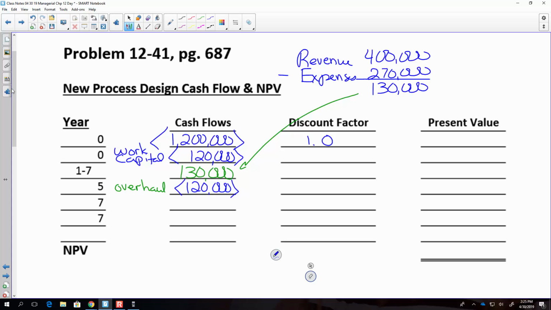And then finally in year 7, I recover the working capital. 520. So that is a positive. And I'm recovering the 96,000 sold in the last year.